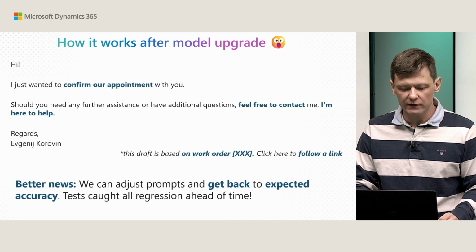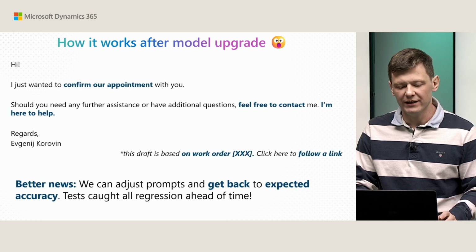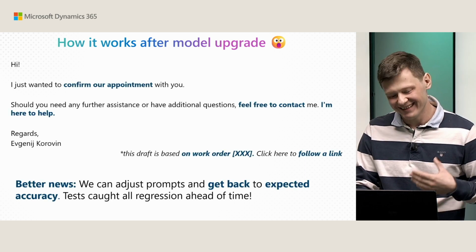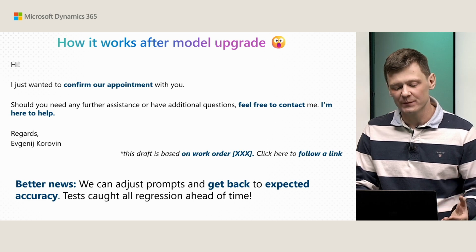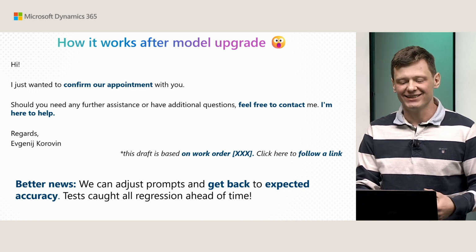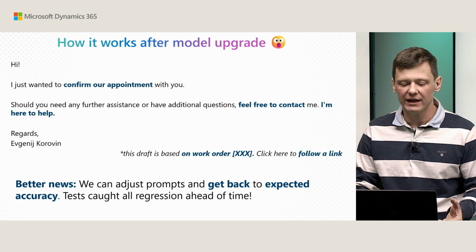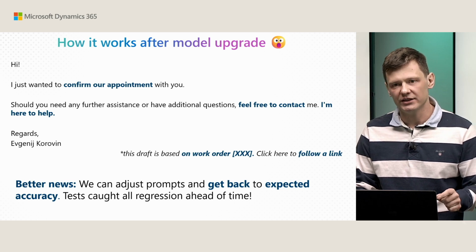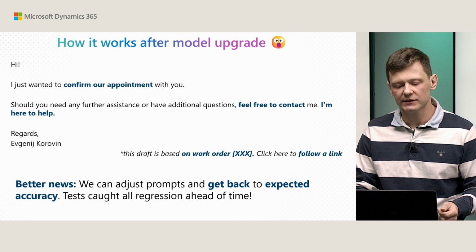Now, the better news for us is that in real life it didn't happen, because we, as an engineering team who builds those features, invest a lot in our test automation. And we had a test which verifies the expected outcome of those emails. So we had an opportunity to detect a change, update our prompts, and get back to the original level of quality.